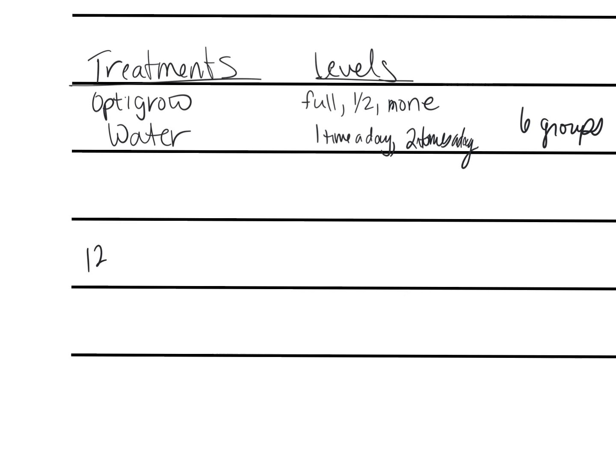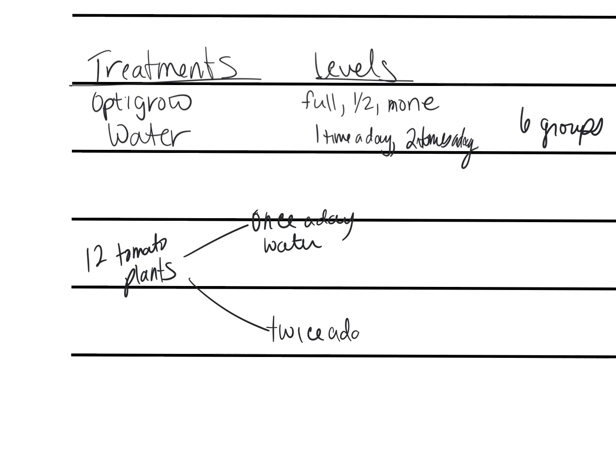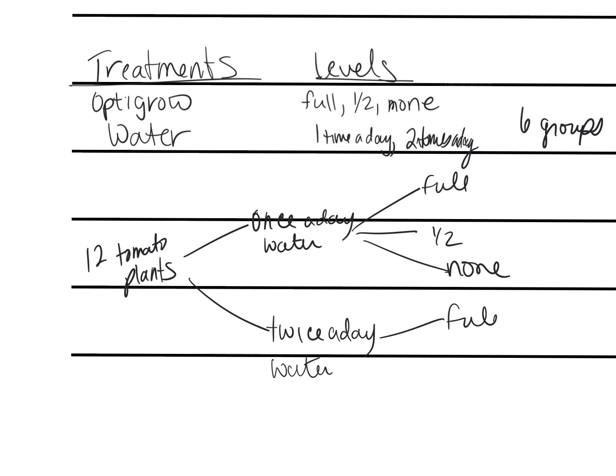So I have my 12 tomato plants. I'll go once a day water, twice a day water, and then you have once a day full, once a day half, once a day none, twice a day full, twice a day half, and twice a day none.